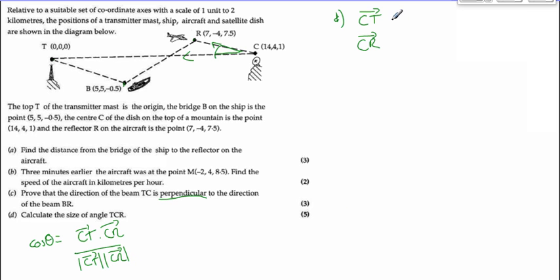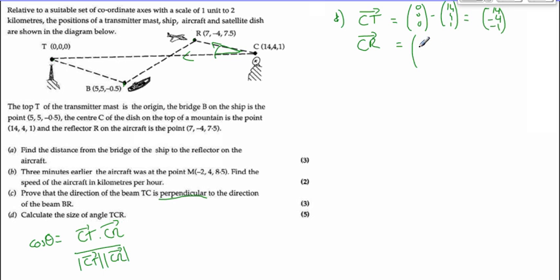CT we know is T minus C. So 0, 0, 0, subtract 14, 4, 1, which is negative 14, negative 4, negative 1.